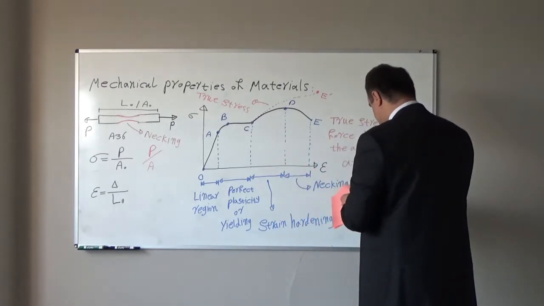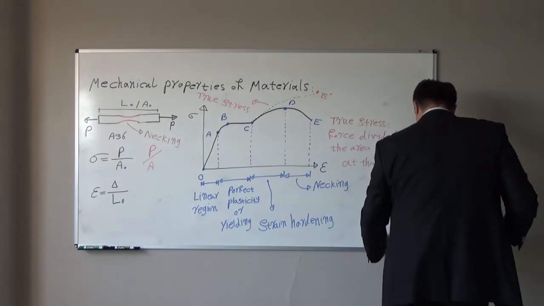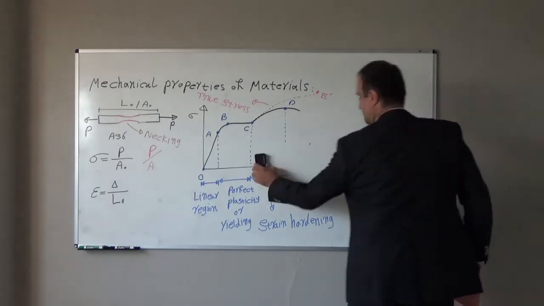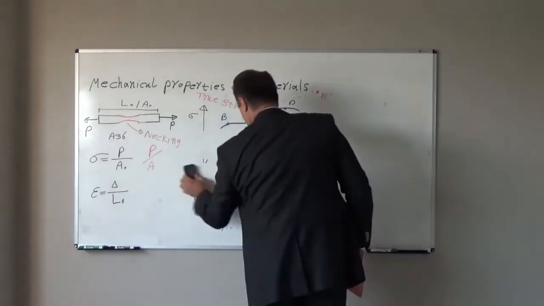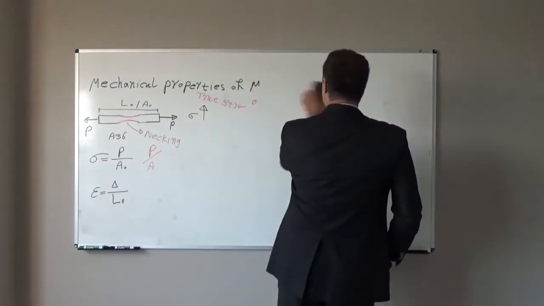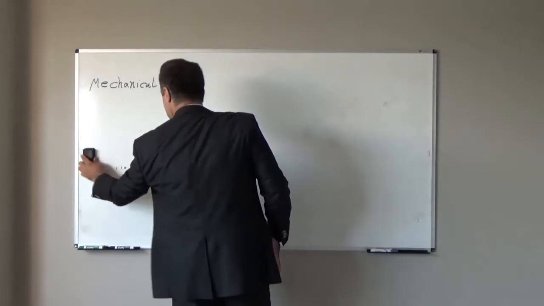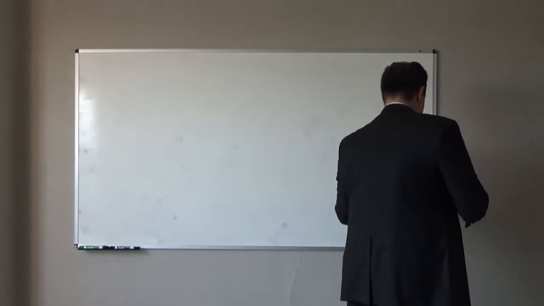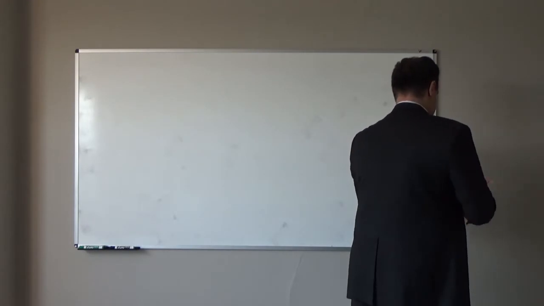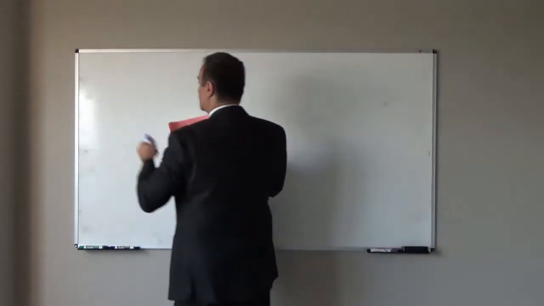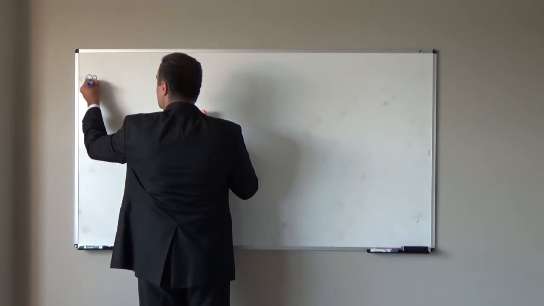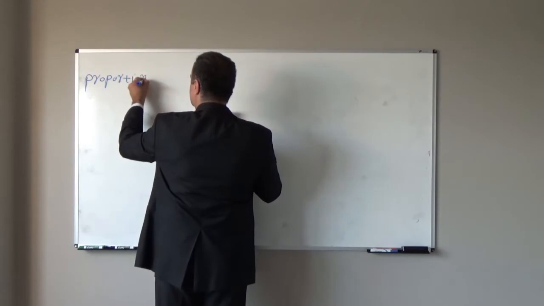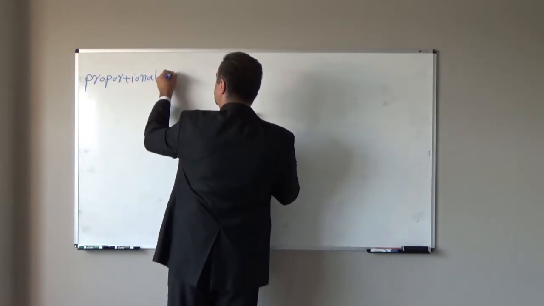But we should define these points. I would like to write those points on the board because it is important. I define those precisely. So, proportional limit.